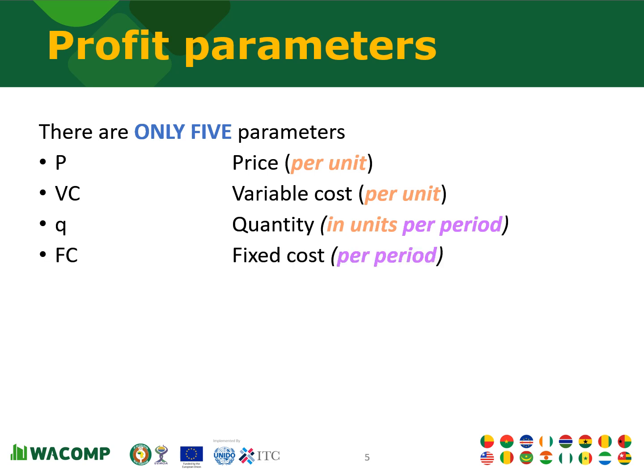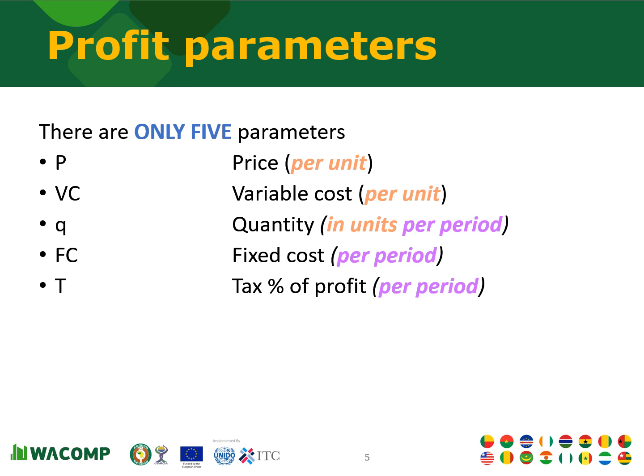The fourth parameter is FC, fixed costs. It's always expressed per period, rent per week, salaries per month, marketing costs per quarter. And the fifth parameter, T, for profit tax, it's again expressed per period.